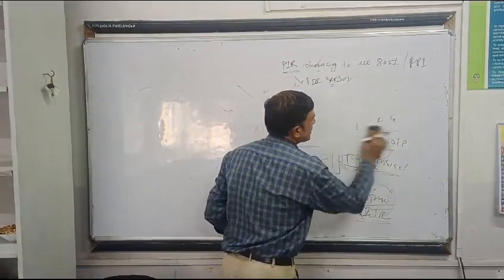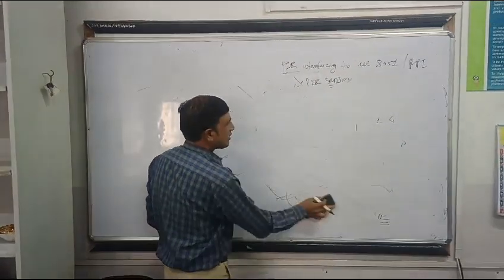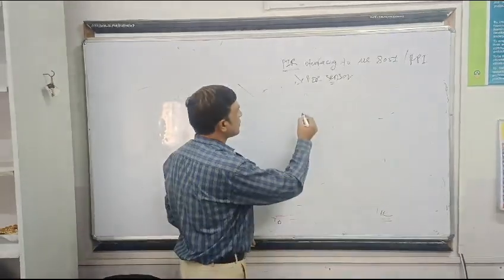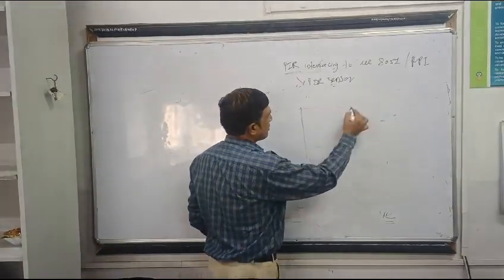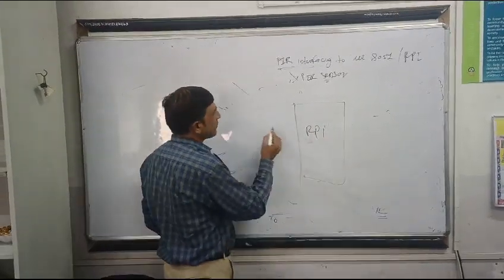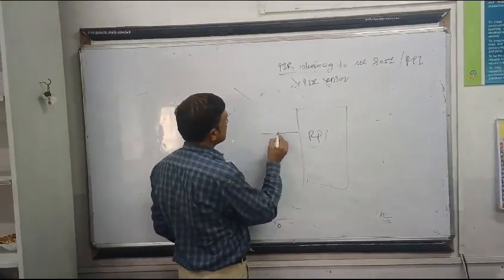Let us see the connection of this PIR sensor and, for example, a Raspberry Pi. How is this interfacing going to happen? This is a Raspberry Pi, and we are connecting this PIR sensor.